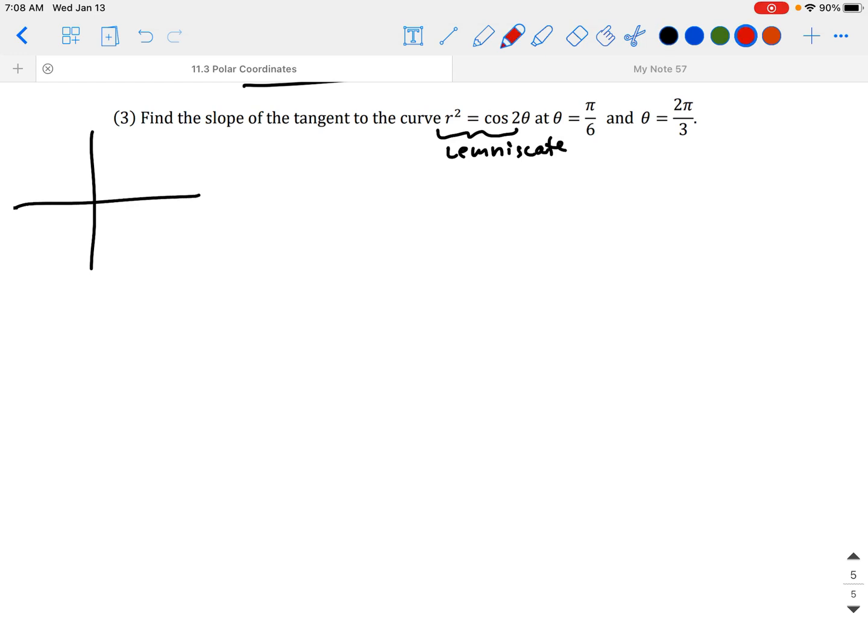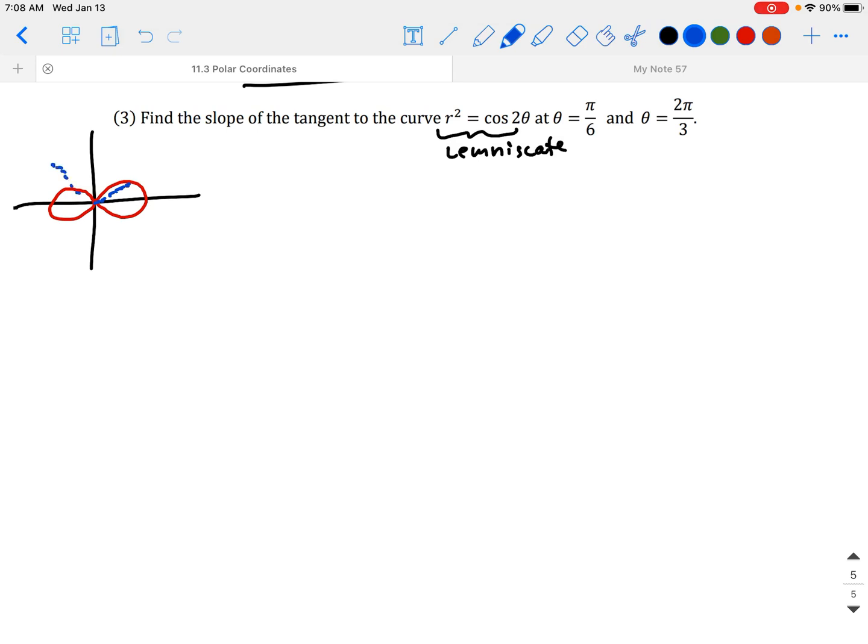And because it's cosine, it's going to be symmetric about the polar axis. So it's going to look like this, and its radius will be 1, -1. So, okay, so our graph is going to look like that, and we want to figure out at pi over 6. So pi over 6 would be somewhere, maybe there.